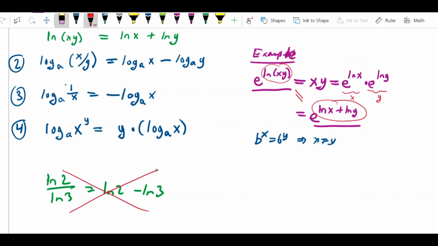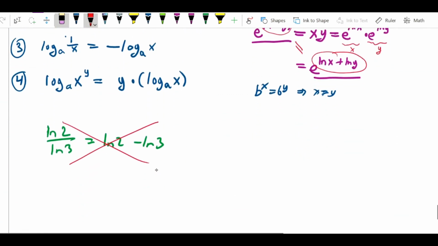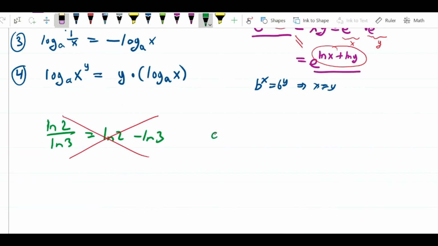This is not true. The correct thing to say would be that ln of 2 over 3 equals ln 2 minus ln 3. This particular expression doesn't simplify to anything. There's no particular rule for a quotient of two logs other than change of base, which we'll get to in a minute.